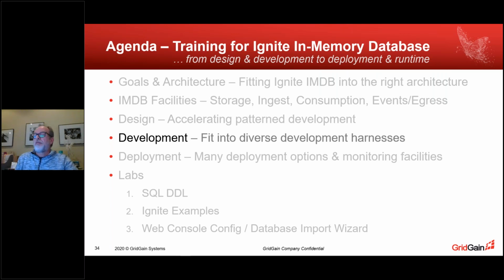Or we followed the third pattern, which is using a wizard to create a Maven package based on the design that we've given it from scratch, or patterned based on a database we're mirroring or synchronizing with. How do we do our development? We've got many approaches. Let's look at one.